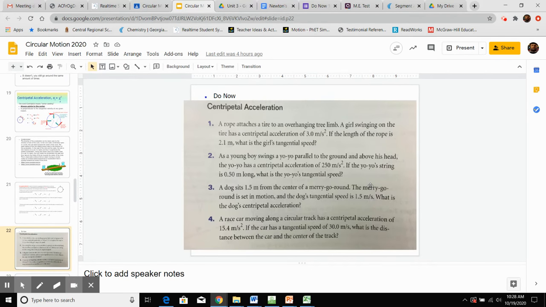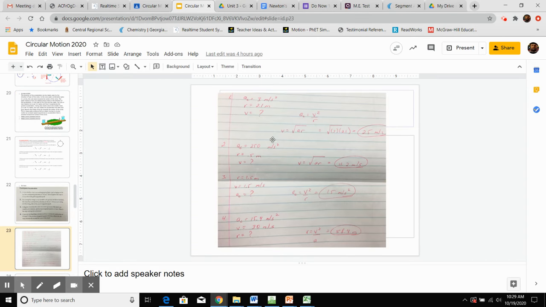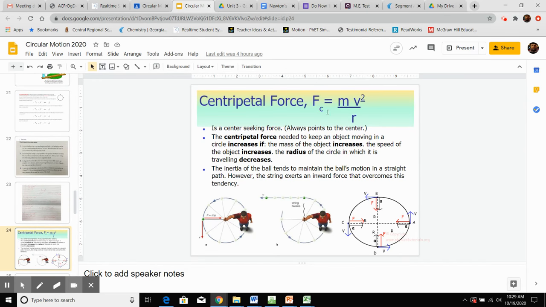A couple of sample problems here that give you how to solve for those. Here's a couple little example problems for you guys. Centripetal force, F sub c, is equal to mv squared over r.